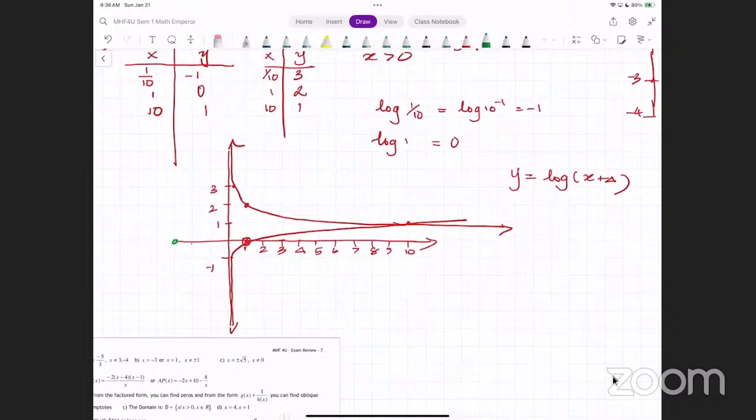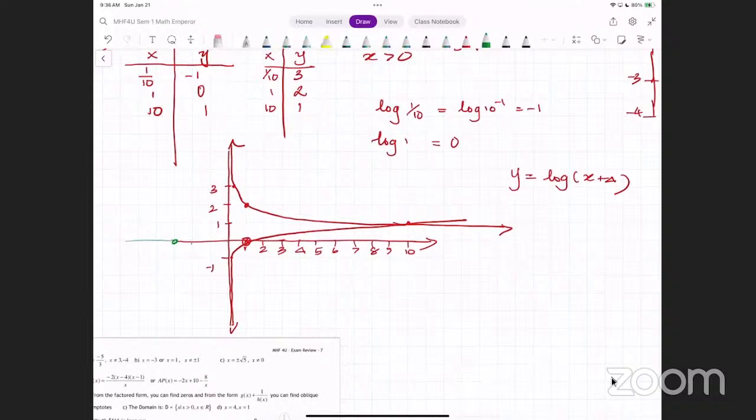So where will that point go? Hold on. We can simply move the whole graph by 4 units.